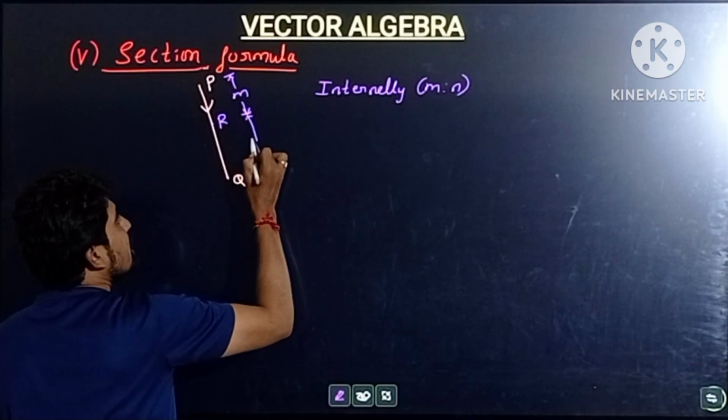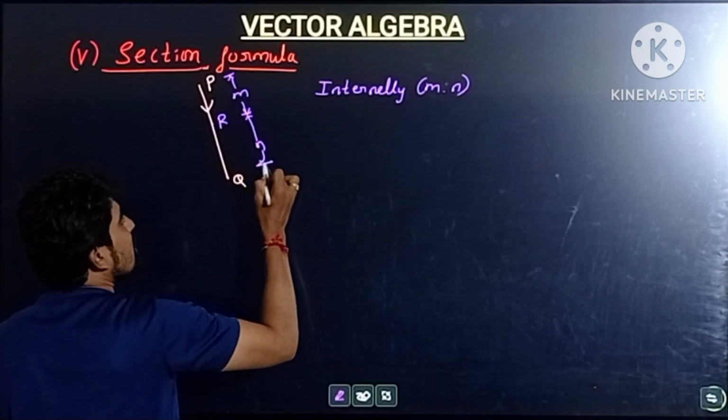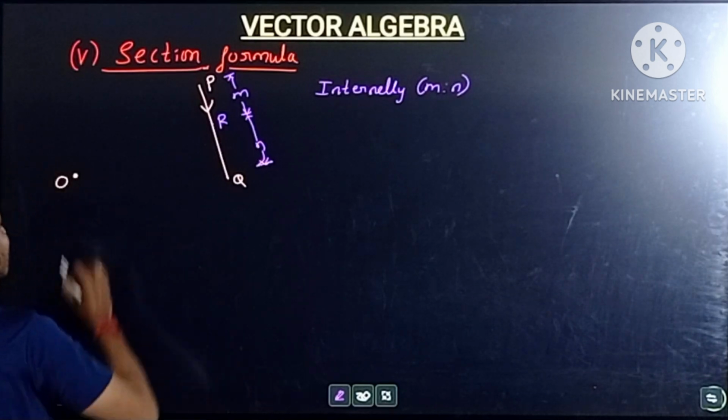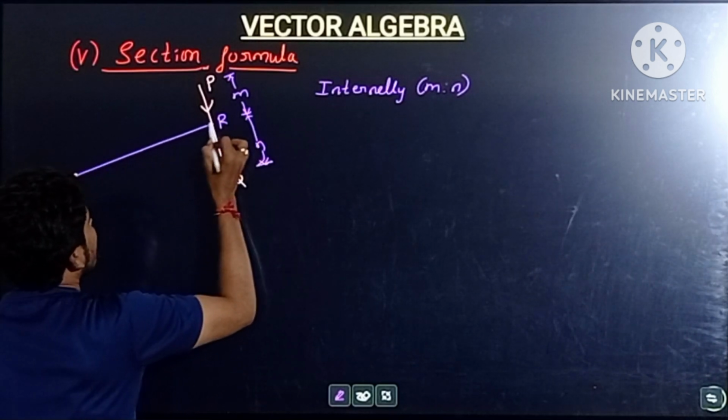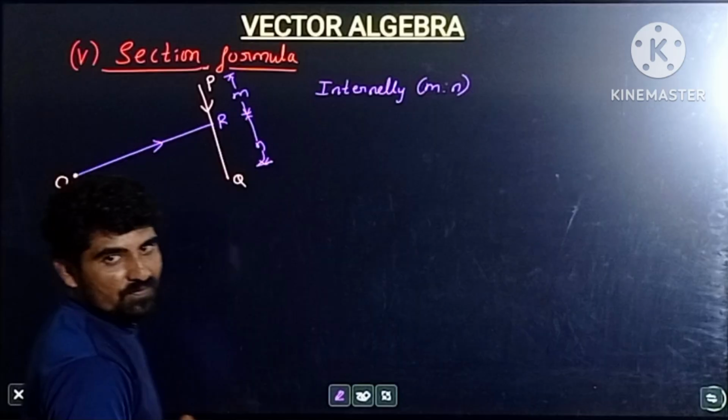Then we need to find the position vector of the point R, that is OR vector.